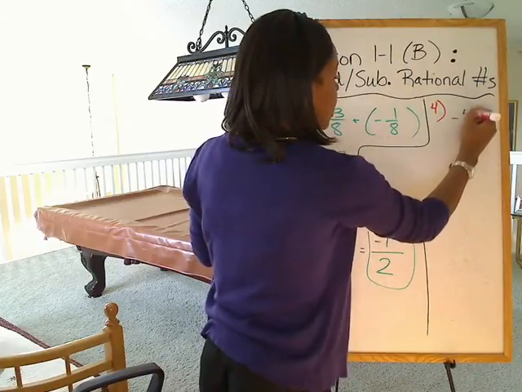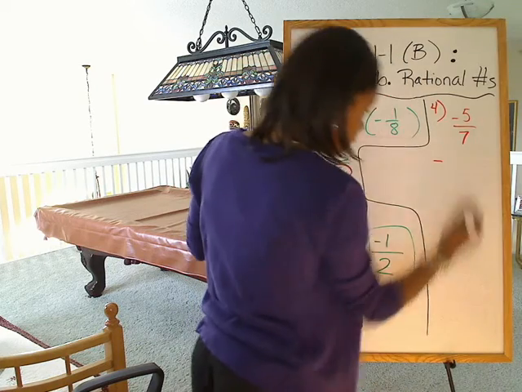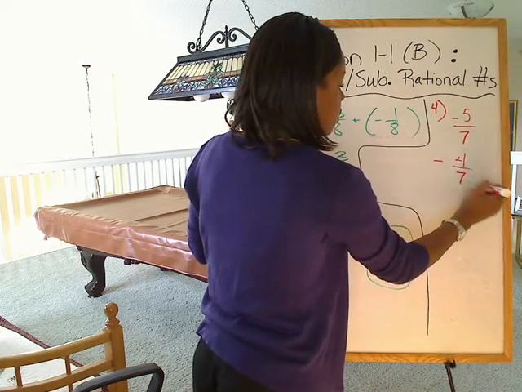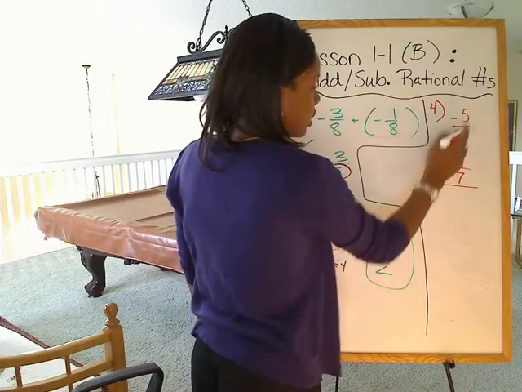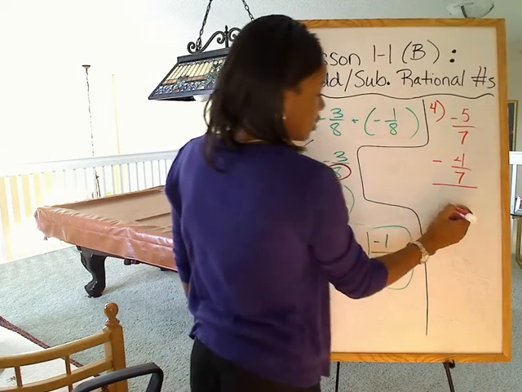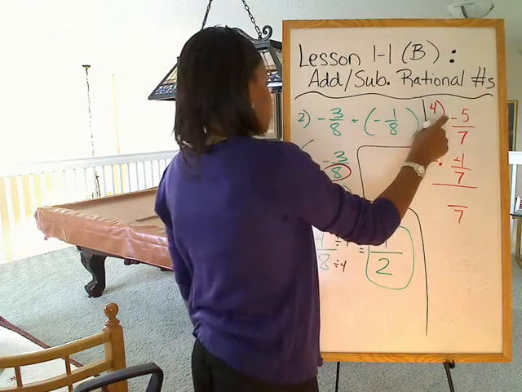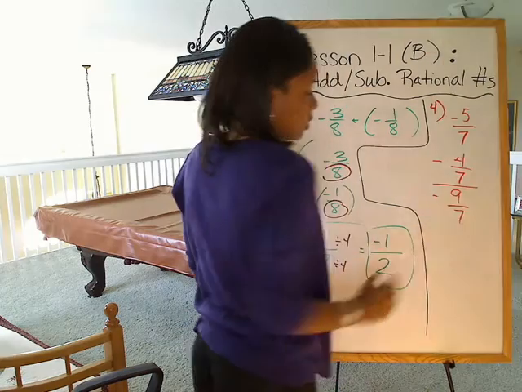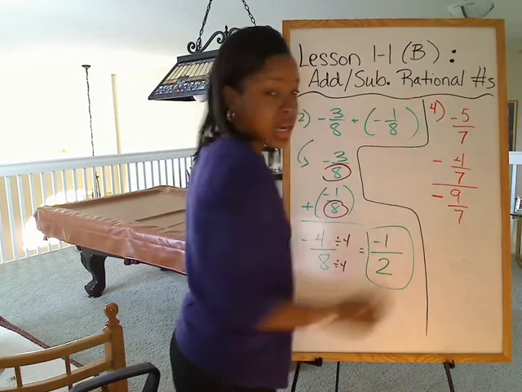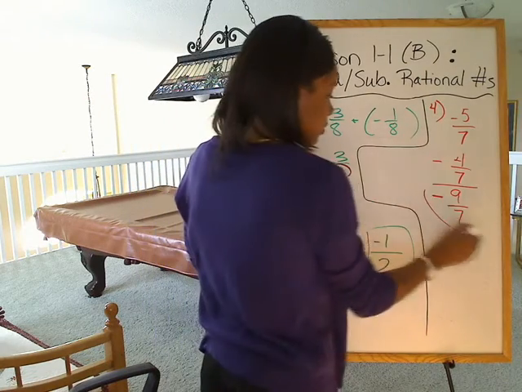It's negative 5 over 7 minus 4 over 7. Negative 5 over 7, take away 4 over 7. So again, the denominator is what? 7. So you keep the denominator. Negative 5 minus 4 is negative 9. So you get negative 9 over 7. That can't be simplified, so you're done.